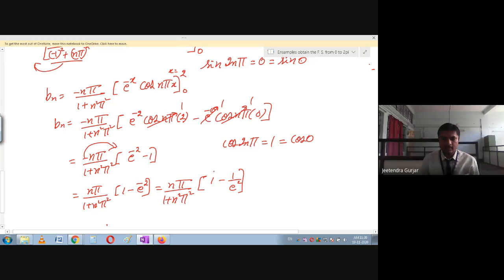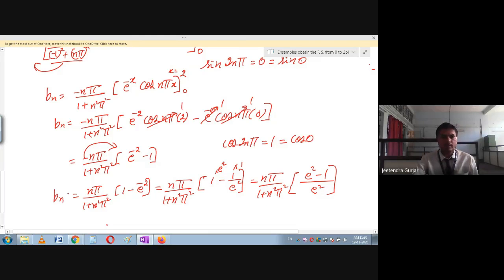Now take the LCM: multiply e raised to 2 here and 1 there. So this is equal to n pi upon 1 plus n square pi square times e raised to 2 minus 1 upon e raised to 2. This is what we have calculated for bn.